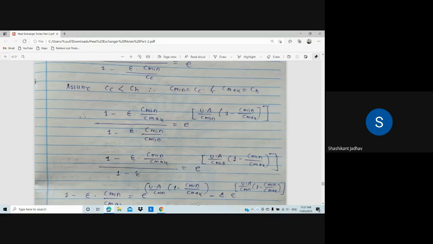Okay. Then do the simplification. In the denominator, C minimum is there. So therefore, 1 minus epsilon is there. And at the numerator, 1 minus epsilon C minimum upon C maximum is equal to e raised to u into A divided by C minimum into bracket 1 minus C minimum upon C maximum.